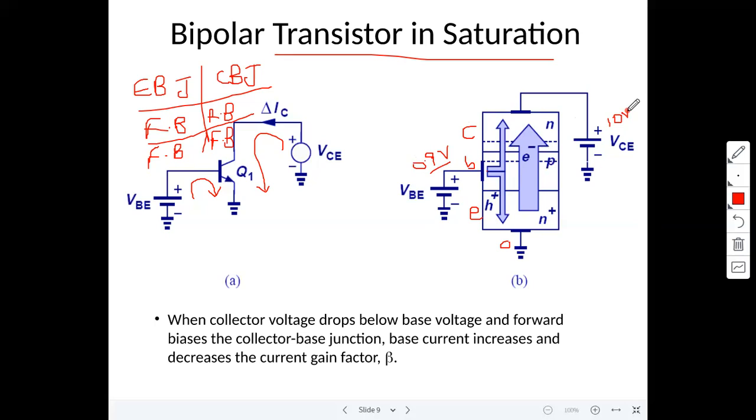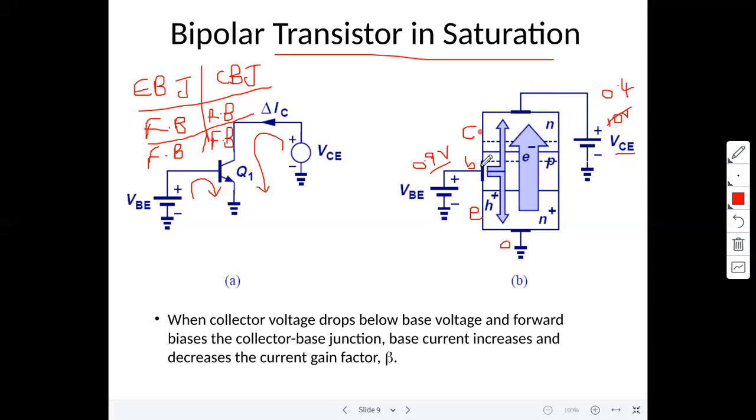Now coming to saturation, observe: whenever VCE is less than 0.9, where the base voltage is 0.9, I am considering a typical value here. Suppose instead of 10 volts, VCE is 0.4 volt.